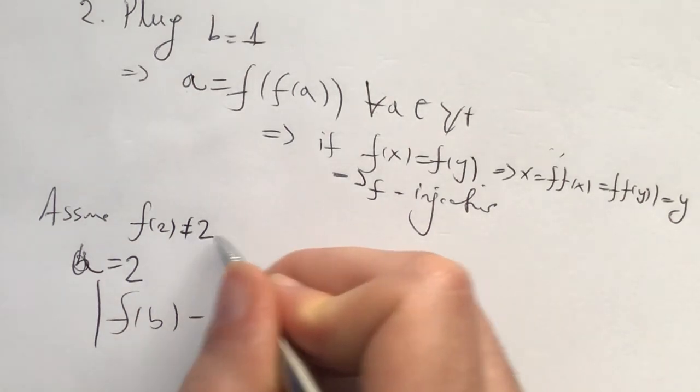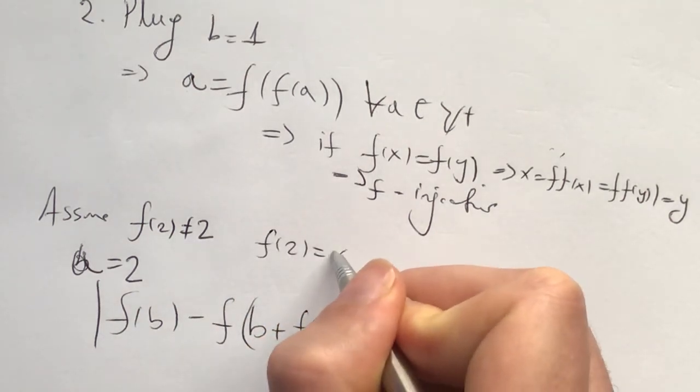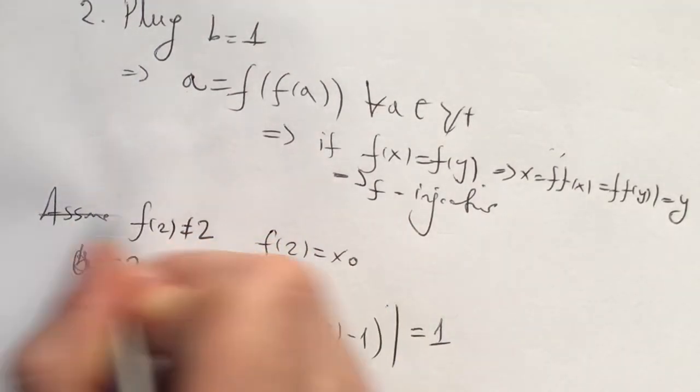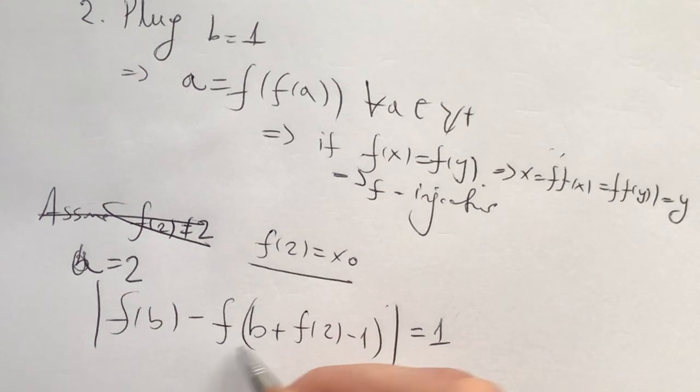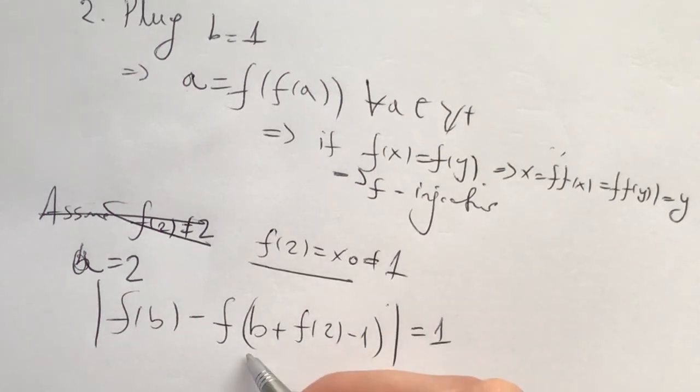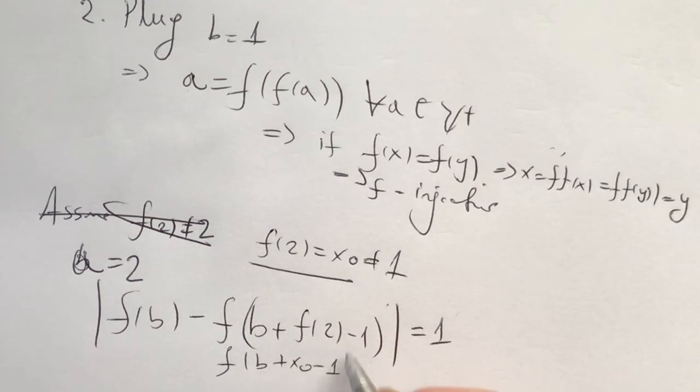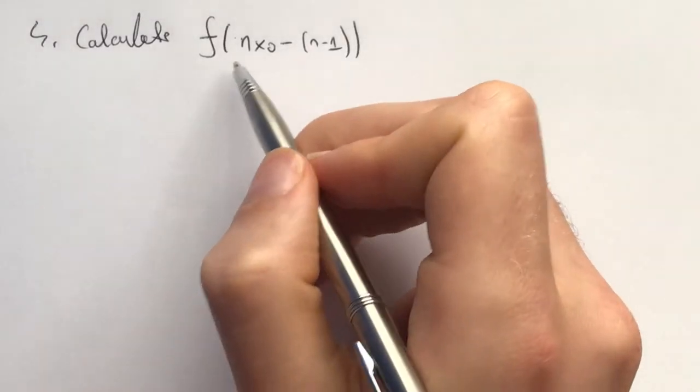Actually, instead of assuming, just let f of 2 equal x0, which is unequal to 2. And then we have that the absolute value of f of b plus x0 minus 1, minus f of b, is 1. And now what we do is calculate f of n times x0 minus n minus 1.